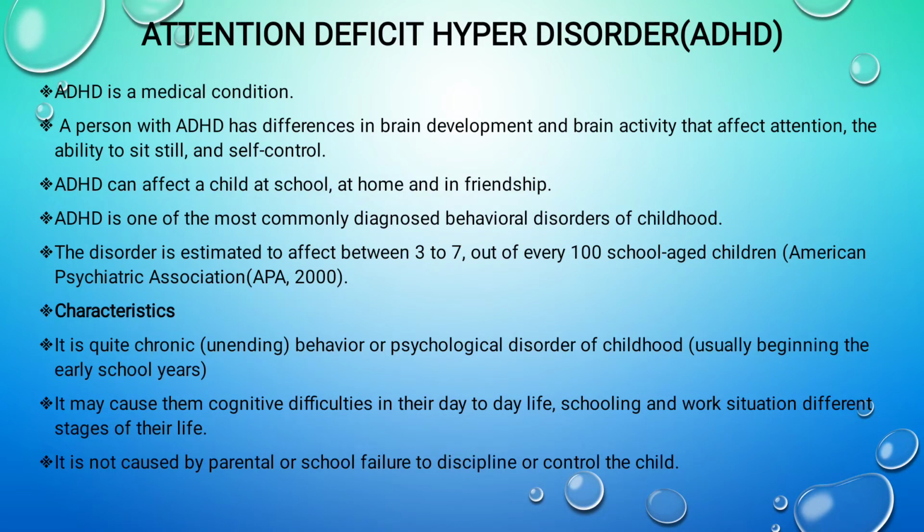Next, let us see how to identify ADHD children. What are the symptoms? Normally ADHD can be identified with 3 major symptoms, namely inattention, hyperactivity and impulsivity. Inattention is when the child doesn't give attention to details. They make careless mistakes in homework, class work, everything. They have difficulty keeping their attention on a particular thing or task.